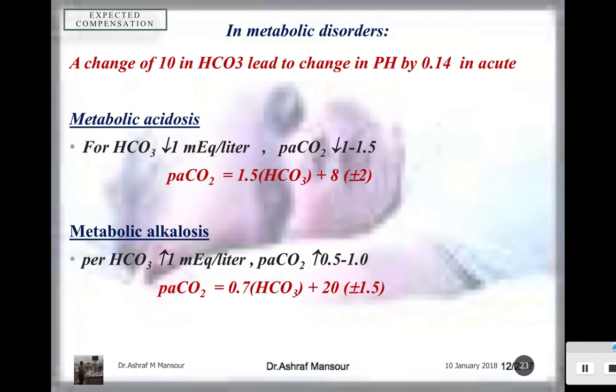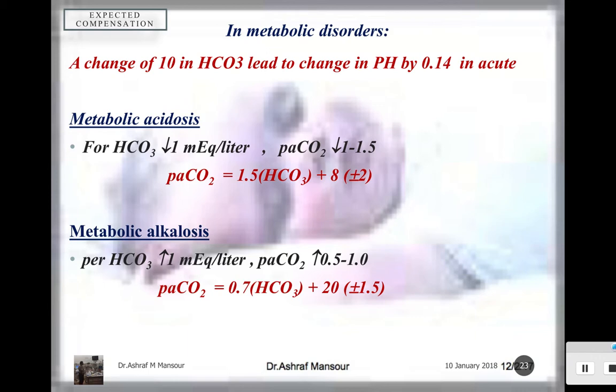In metabolic disorder, due to either increase or decrease in the bicarb, every change by 10 in the bicarb leads to a change of the pH by 0.14, and as we said before, in the same direction. So this is rule number 4.